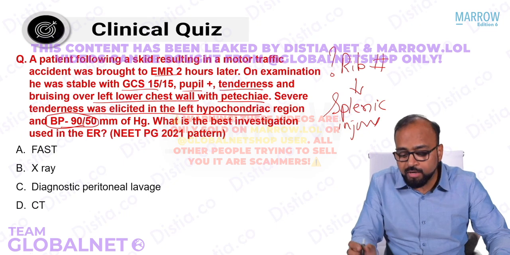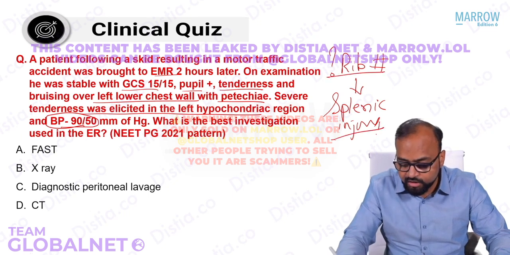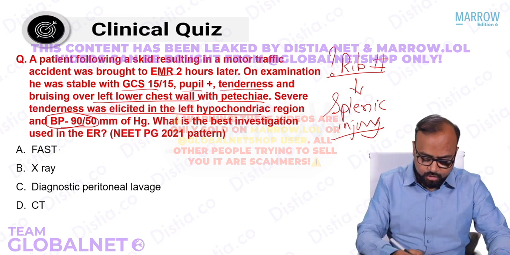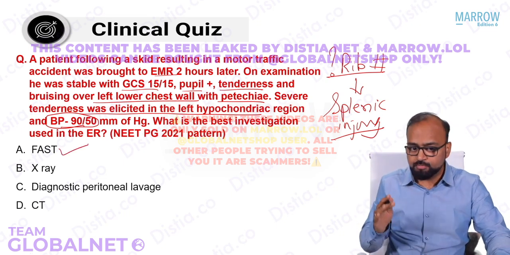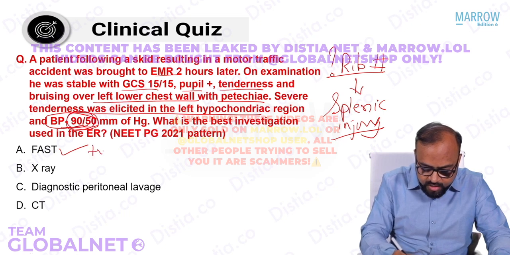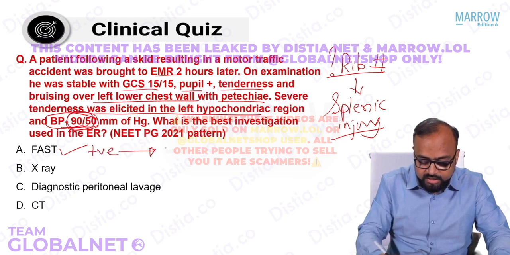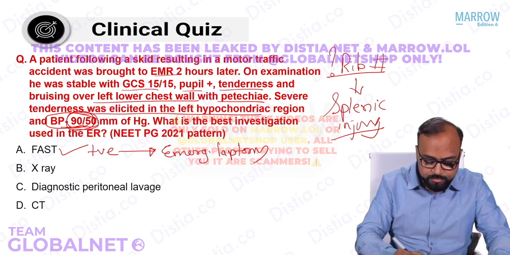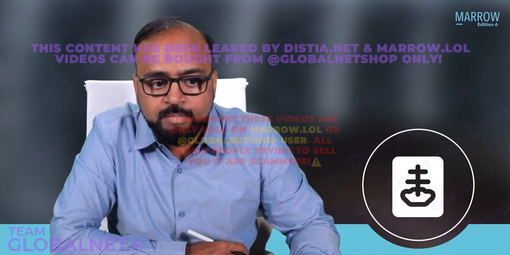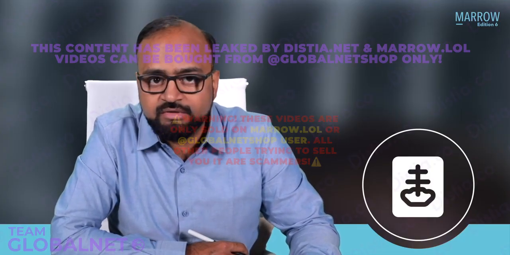So abdominal trauma with query rib fracture, query splenic injury, what do you do first? We studied the protocol. First step in the management of abdominal trauma is FAST. If FAST is positive, this patient is in hypotension, so the next step would be an emergency laparotomy because the patient is already hypotensive. So this is the protocol for management of abdominal trauma. We have discussed this.